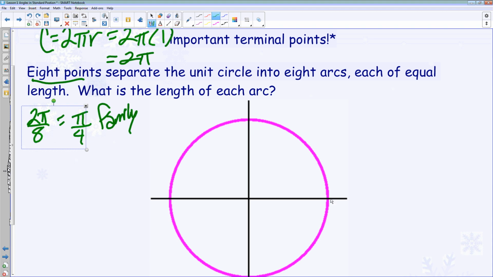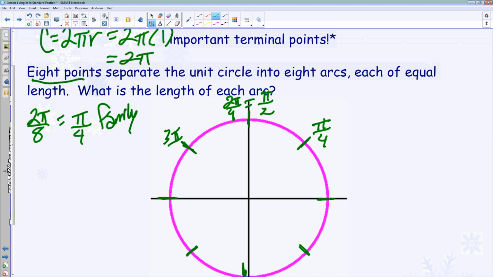We're going to draw it here. So if we wanted to break up the circle into 8 parts, we would end up cutting each of the quarters into halves. So now we're just going to count. We got pi over 4. This would be 2 pi over 4, but that reduces, which, yes, we're going to do lots of reducing, to pi over 2.